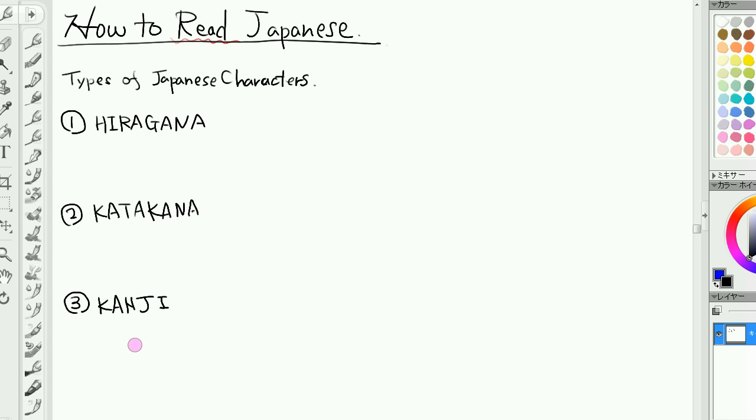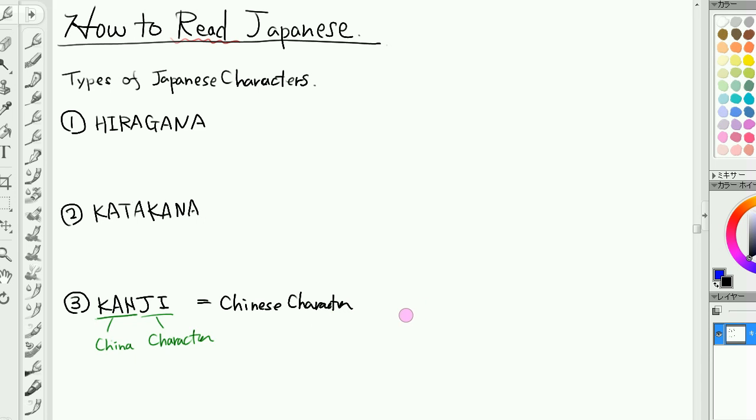Actually, kanji means Chinese characters. Kan means China, and ji means character. So kanji means Chinese character, of course.